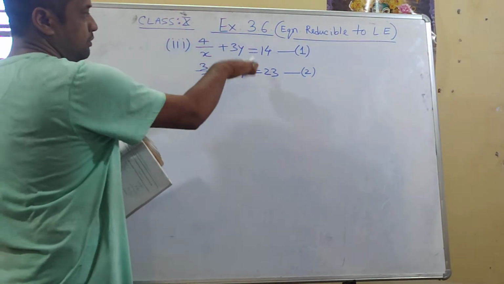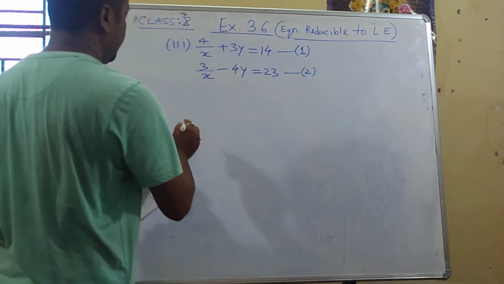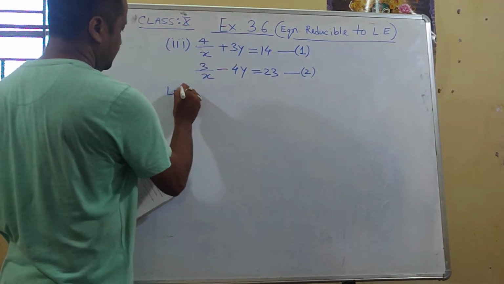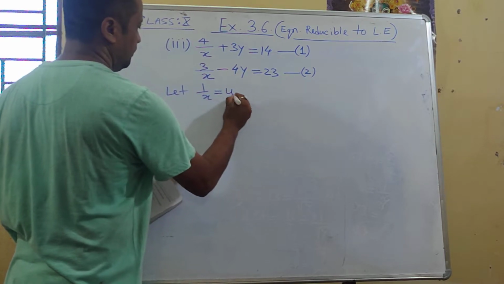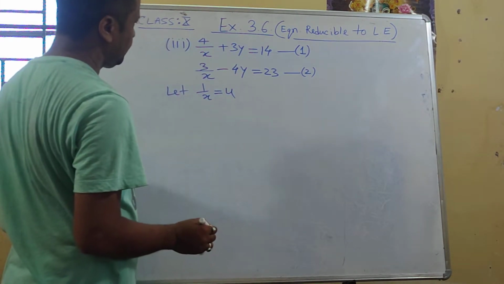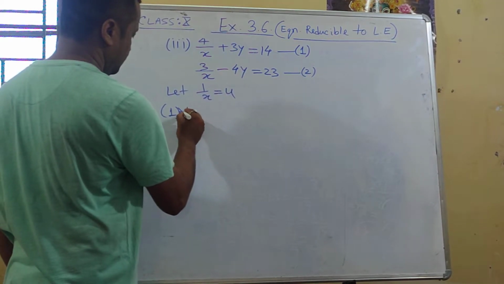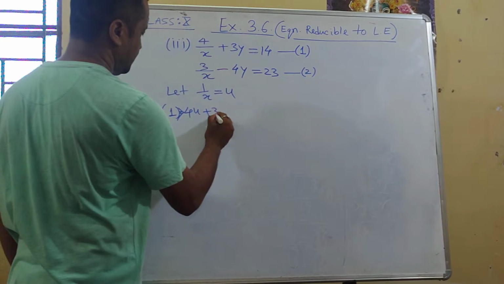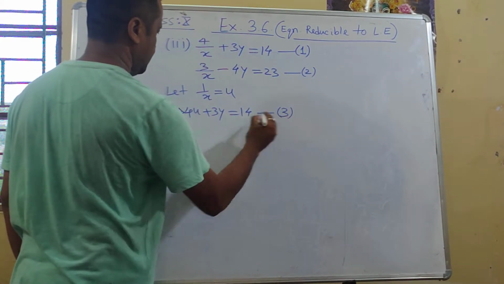So here the y variables are in linear form, but only the x variable is in reciprocal form. So here you have to take only one dummy variable. So let 1 by x be equal to u. Then 1 becomes 4u plus 3y is equal to 14. It is number 3.